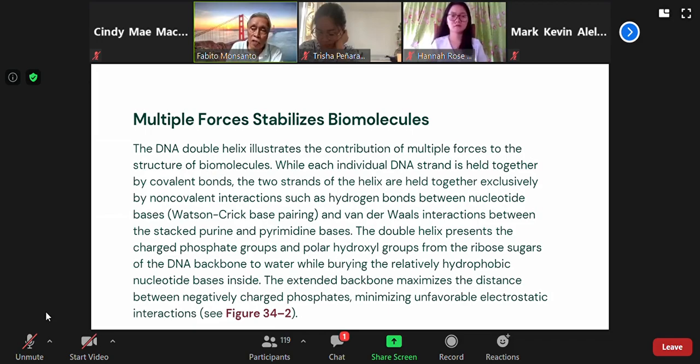The force that is holding them is not so very weak. No? It's just like a hydrogen bond. Okay. Now, you can look at figure 34-2, that's chapter 34, number 2 figure.